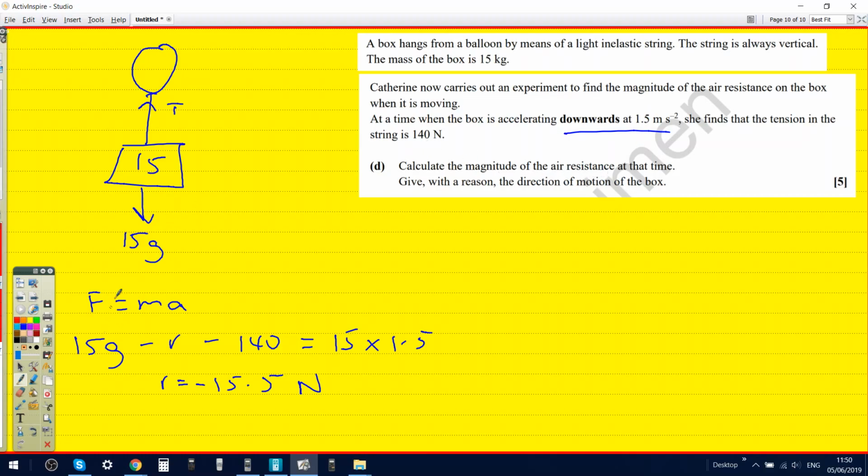Well, we said that 15G is positive, and that the resistance is negative, and we just assumed that was going up. We said it's accelerating downwards at 1.5, so we've taken downwards to be positive and upwards to be negative. You can switch it around if you like. Should get the same thing.